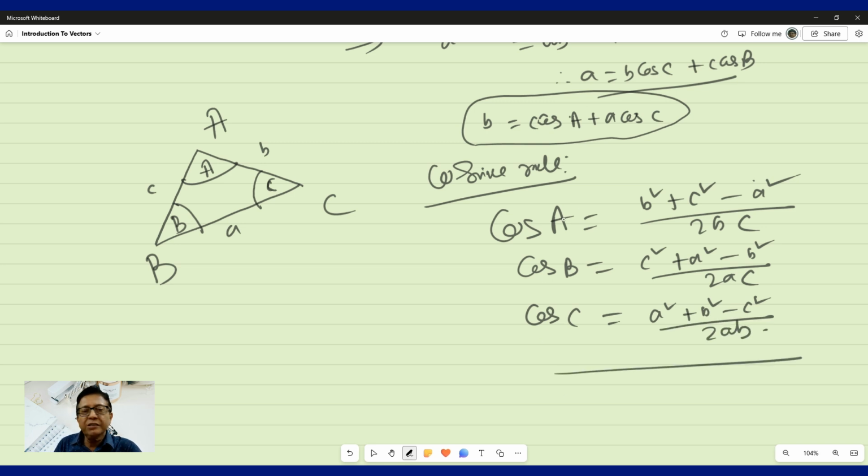In mathematics, this comes under properties of triangles. You might have done it in class 11 too. Whatever, we will find applications in physics, that's why we are going to do it now.